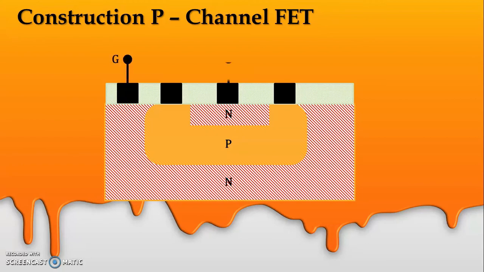The gate is taken from the heavily doped N-type material, and from the P-type material we have taken two terminals, the source S and the drain D, and a layer of silicon dioxide. So this is the physical construction of the P-channel field effect transistor.